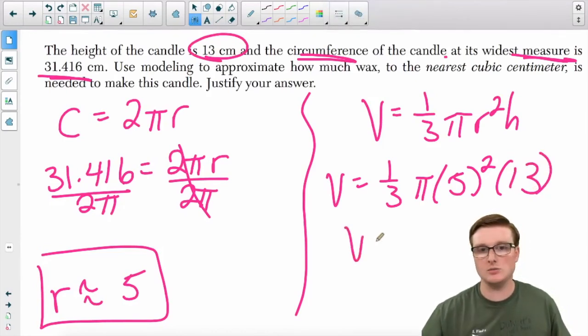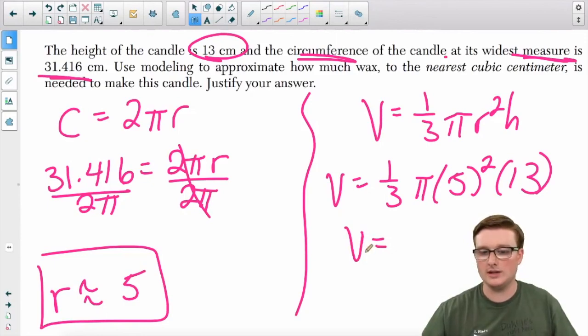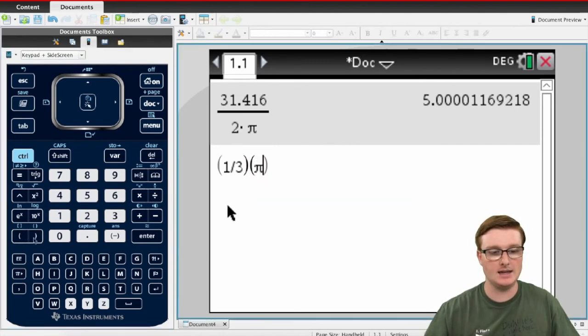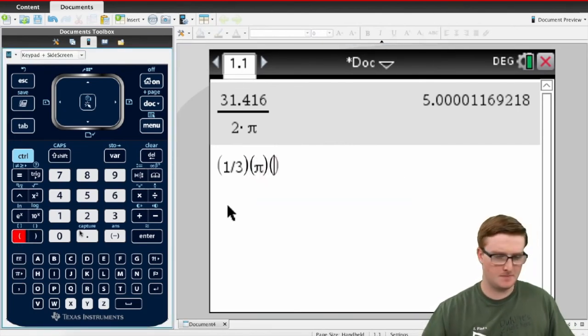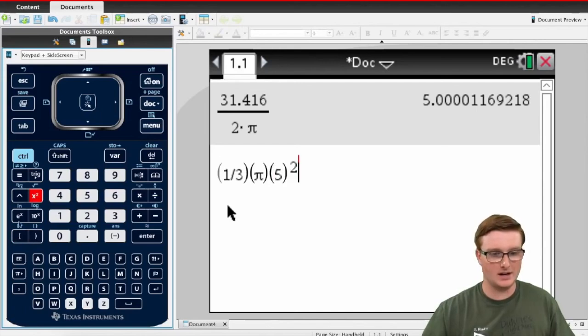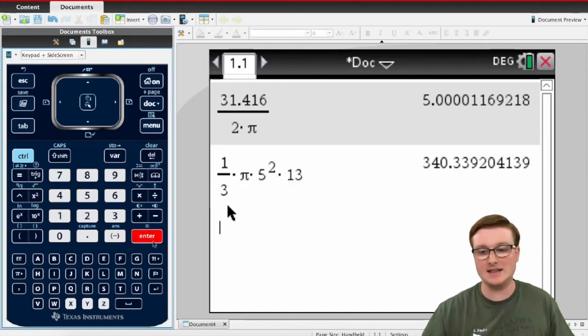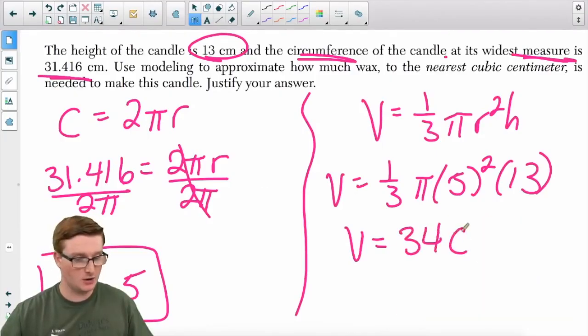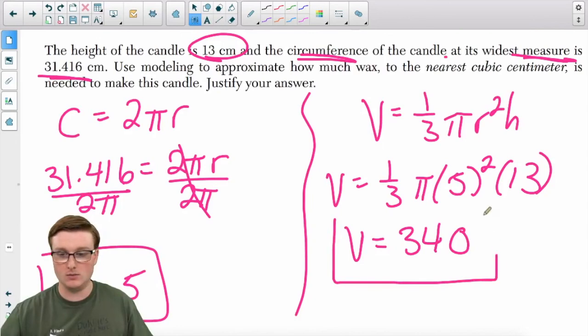So the volume of this cone is, let's see, if we type that into our calculator, 1/3 times pi times 5 squared times the height of 13. And that is going to be 340, rounded to the nearest cubic centimeter. So that is the volume of the cone, and that is the amount of wax that we need.